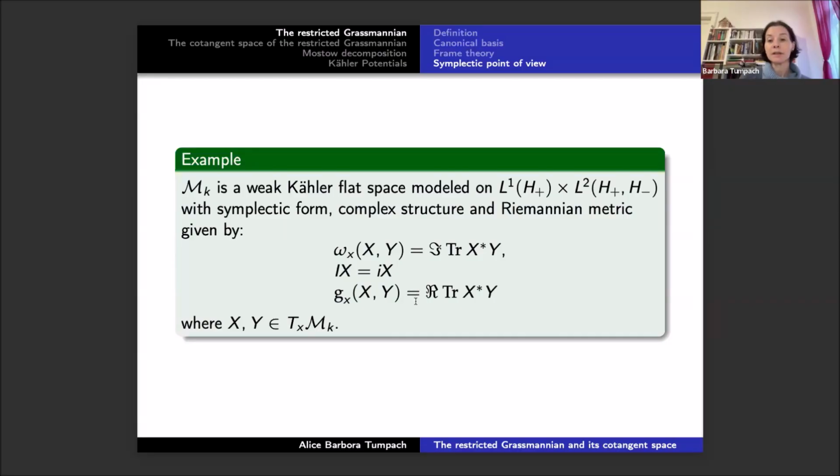So this comes simply from the fact that MK is actually endowed with a complex scalar product. We take the imaginary part for the symplectic form, the real part for the metric, and the multiplication by i is the complex structure.